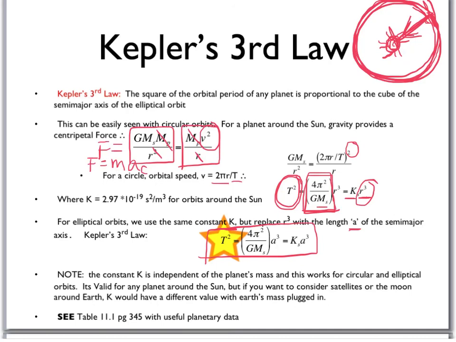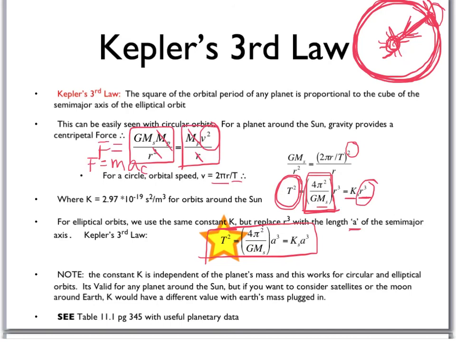Now the constant K is actually independent of the planet's mass, whatever it is that's out here that's orbiting. And this would work for circular orbits, elliptical orbits, and it's valid for really any planet around the sun. And there would be a particular K value for any planet around the sun. You can look that up in your books and find that K value. But if you want to consider other things, things other than planets orbiting the sun, you could look at things orbiting something else.